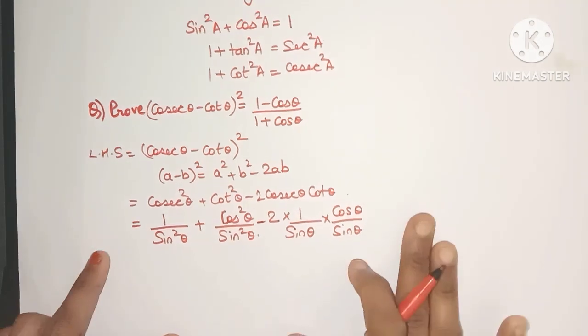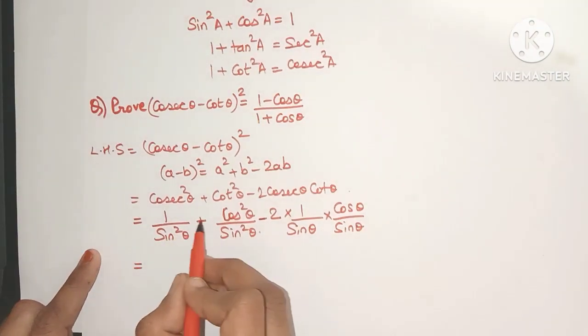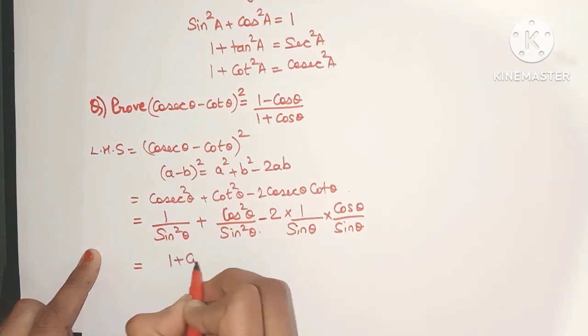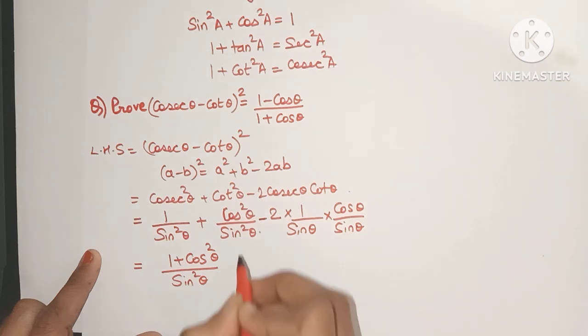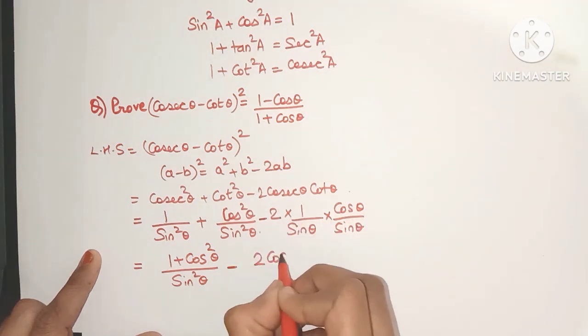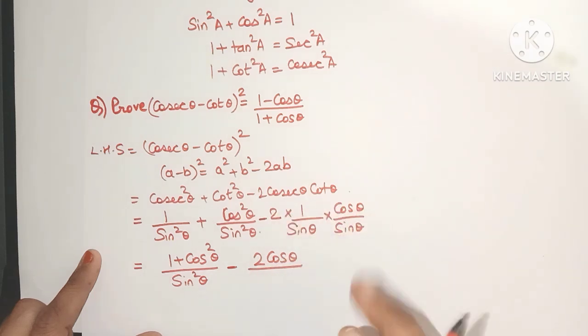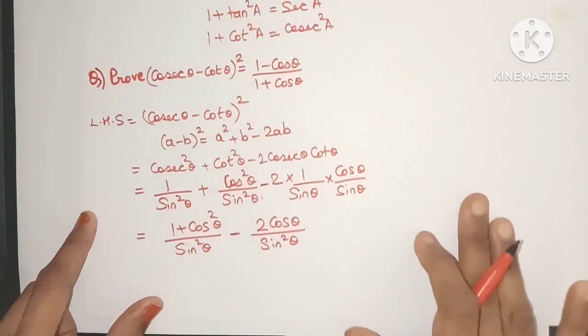Okay, friends. Now let's see what happens. Now here the denominator is same and I have to add them. So I will just add the numerators. The denominator will remain sine square theta minus 2 into 1 into cos theta, that is 2 cos theta. Remember, these are all getting multiplied, so sine theta into sine theta will give me sine square theta.